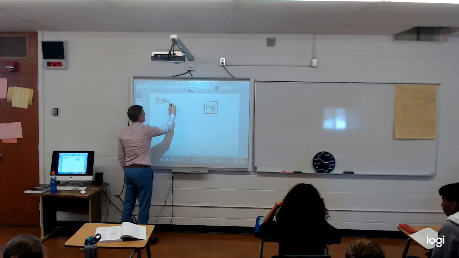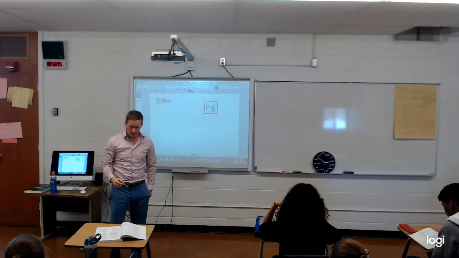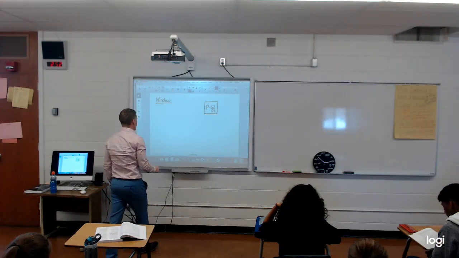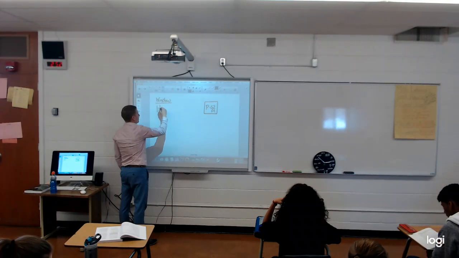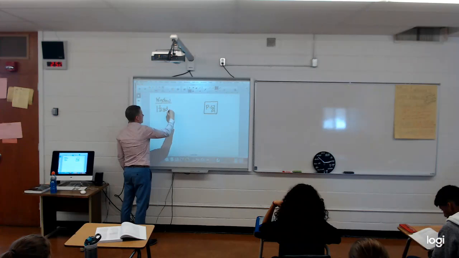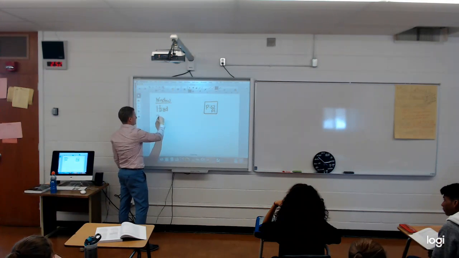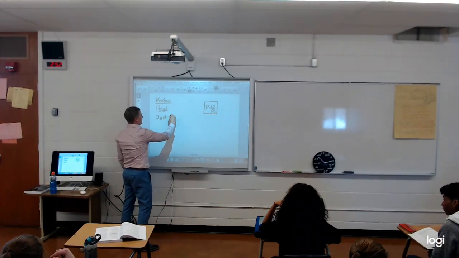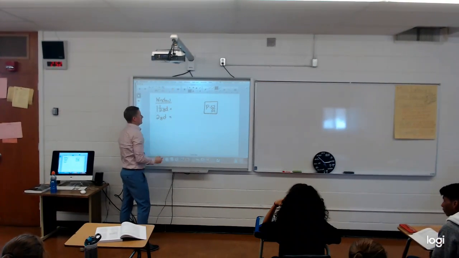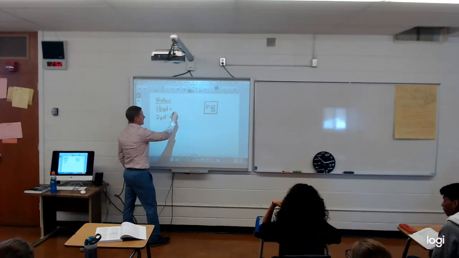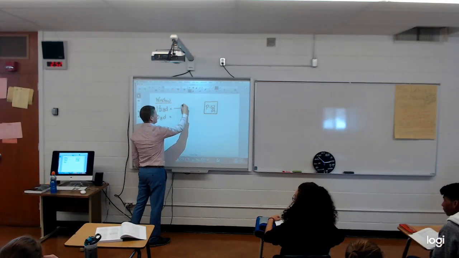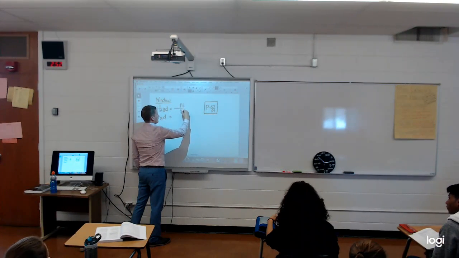So the window. What are the dimensions of the window? 1.5 yards by 2 yards. So what I want to do is let's work as much as we can in feet. So what's the conversion that we're going to use? I want to change yards to feet. What's the ratio?